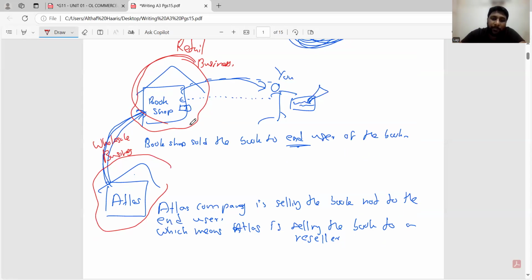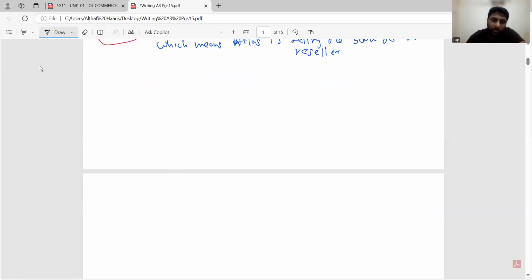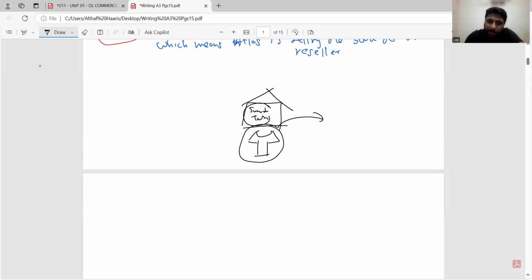So let's take another example. We'll assume this is Sumudu Tailors. Sumudu is stitching some t-shirts. So Sumudu is stitching and selling the t-shirts directly to the last person, the person who is wearing the t-shirt.